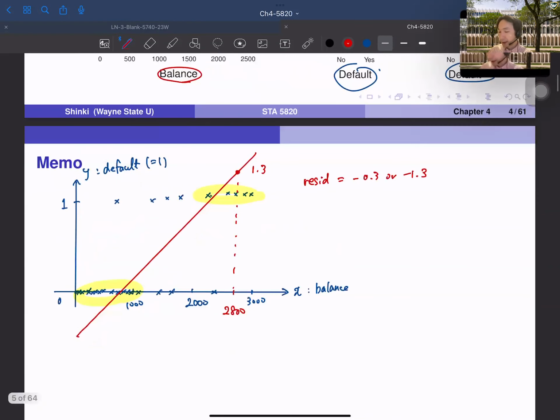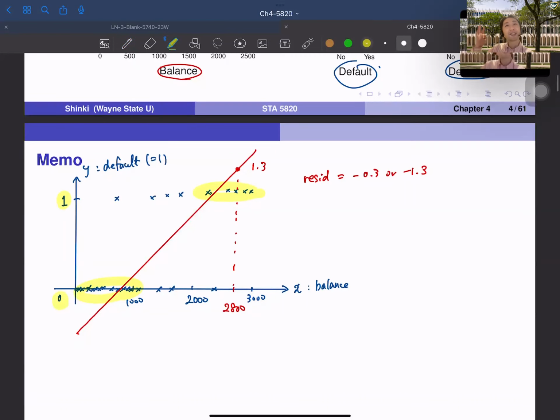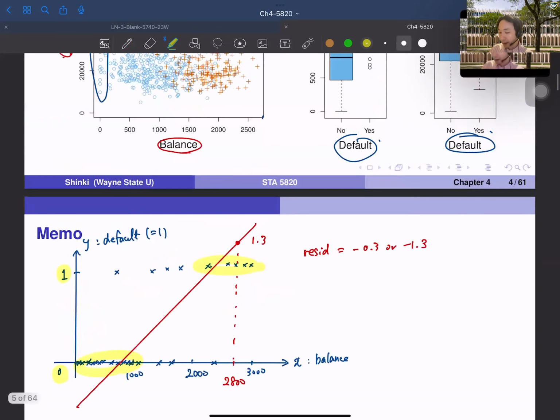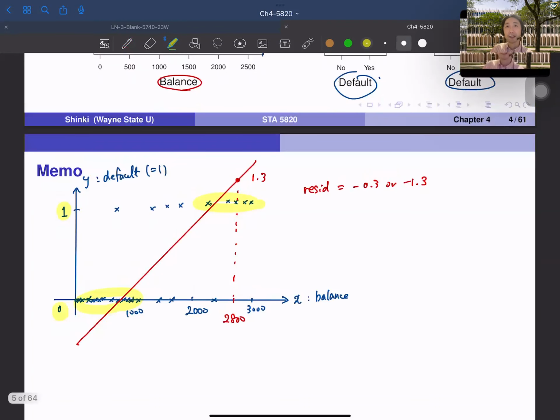And one good thing is, since we only have a binary response, we have 2 values, and 2 values are always ordered, right? So we can just define the order. In this case, default is 1, which is larger than not in default, which is 0.